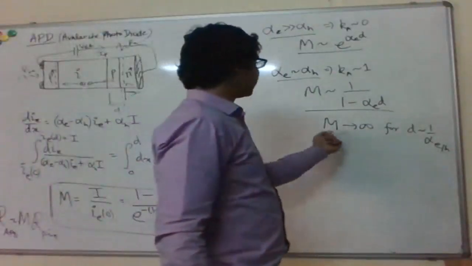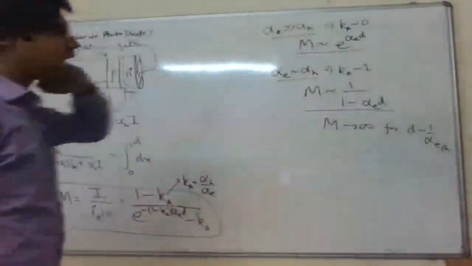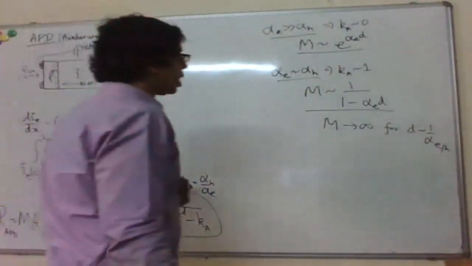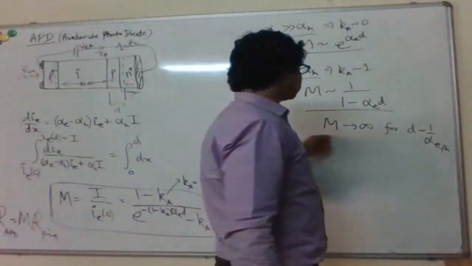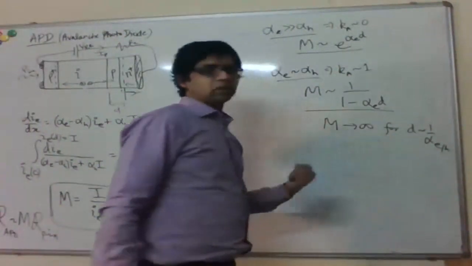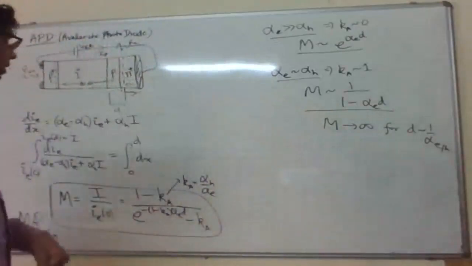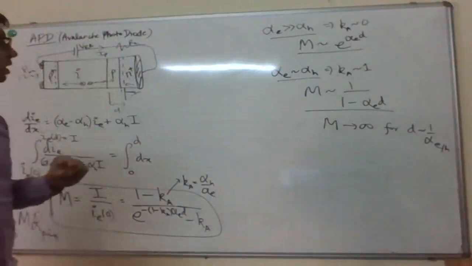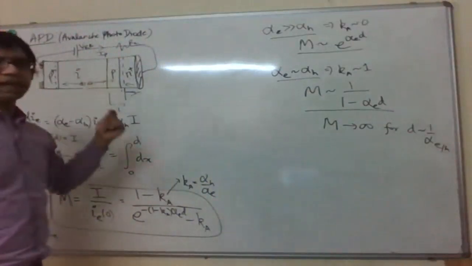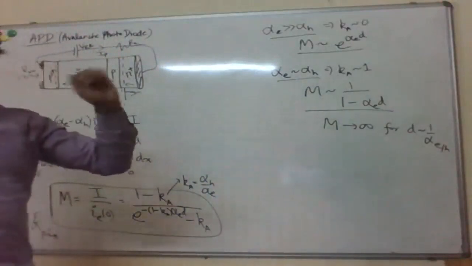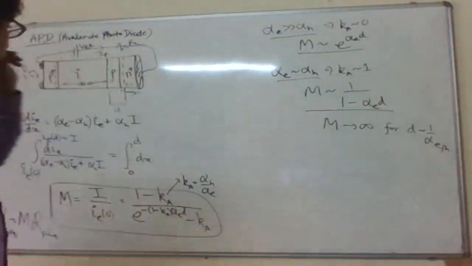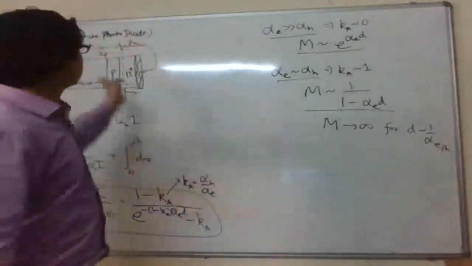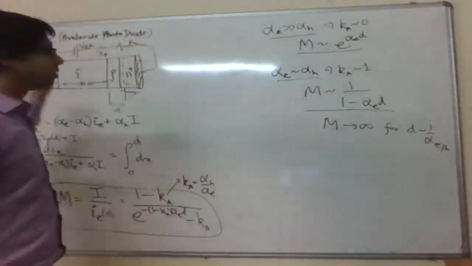So this seems very nice. I can get a really large enhancement in the current or the responsivity, but typically this is avoided because it also shoots up the noise. You can imagine that if an infinite amount of multiplication is happening here, then any small thermally generated carriers, which are not photo generated but just background noise, dark current, or thermally generated photocurrents, will also get multiplied so much that you'll get a huge current without any light inside.